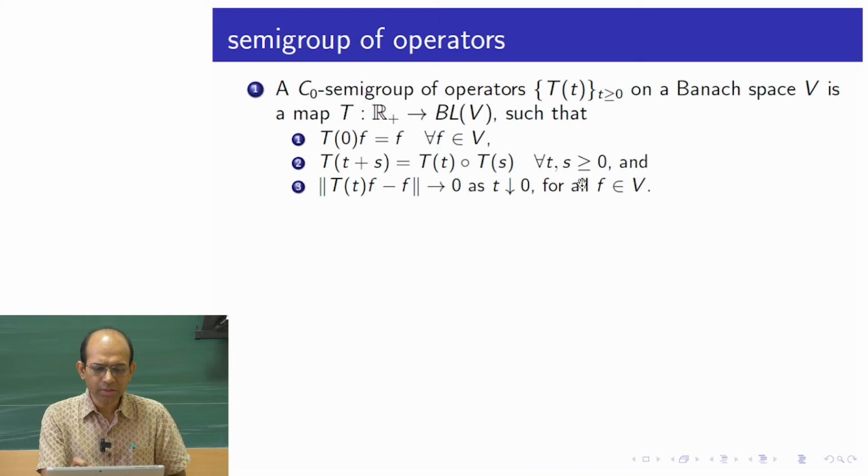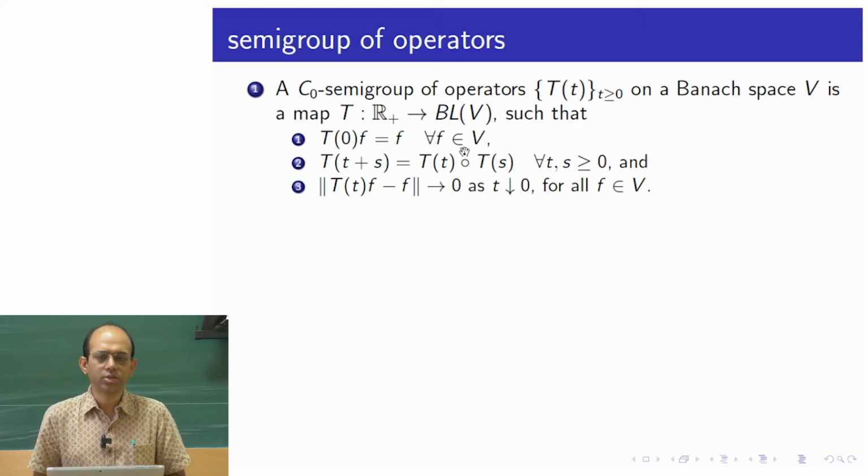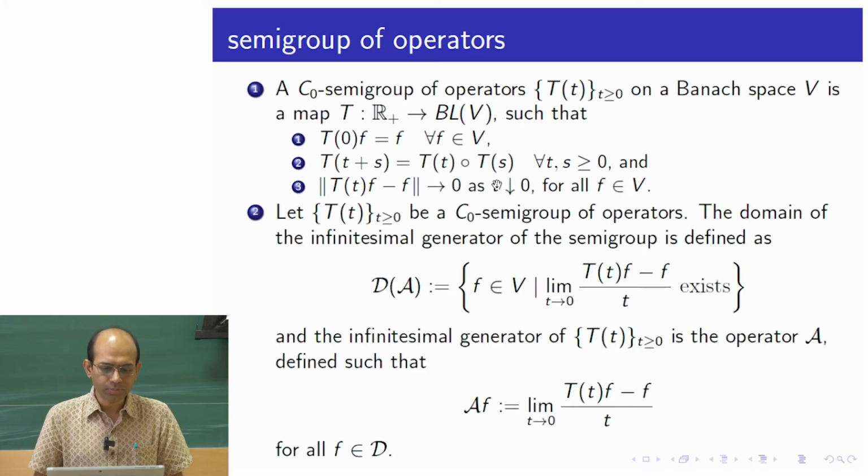If this happens for all f in V, we call this a C0 semigroup. This type of continuity is asked for every f, so it is like pointwise continuity, correct. However, one can define some stronger notion also, so we would come to that later.